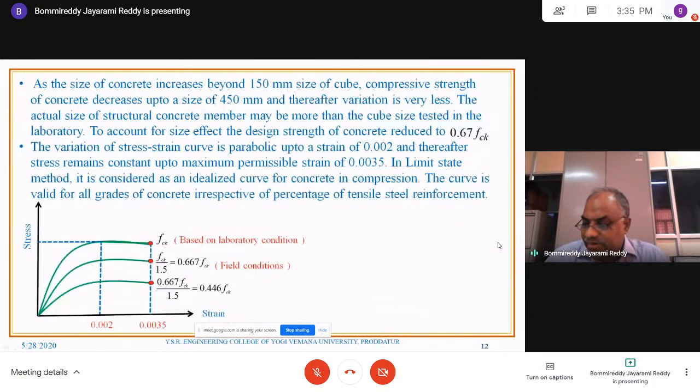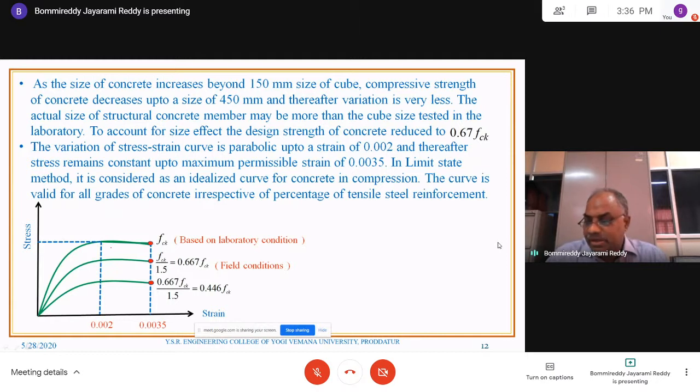The stress diagram is initially parabolic in shape, and once it reaches a certain value it is horizontal, because at the strain of 0.002 in concrete, the first micro crack will develop. Once the cracks have developed, it may not take much more load and it is going to deform further, and the additional increase of stress is not taken into consideration, so it will be taken as horizontal.